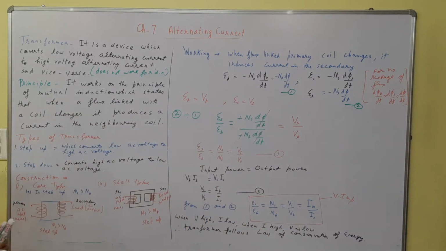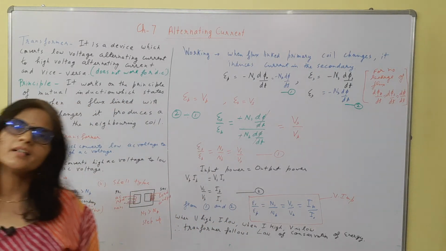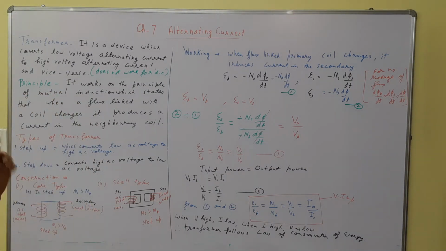Okay, so this was all about the basic concept of transformer. Now we have to discuss the efficiency and the energy losses, which we will discuss on the next slide.